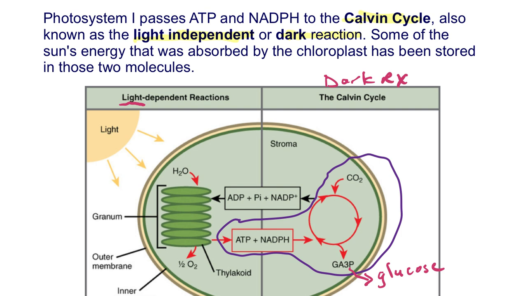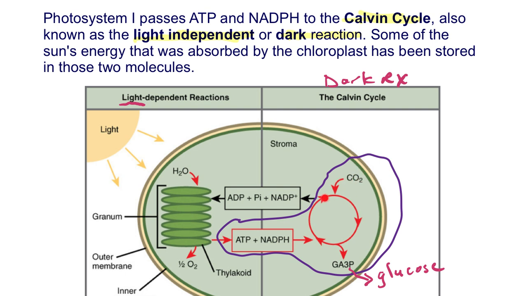So the ATP and NADPH will now power the anabolic reaction this way. That will produce glucose from carbon dioxide.